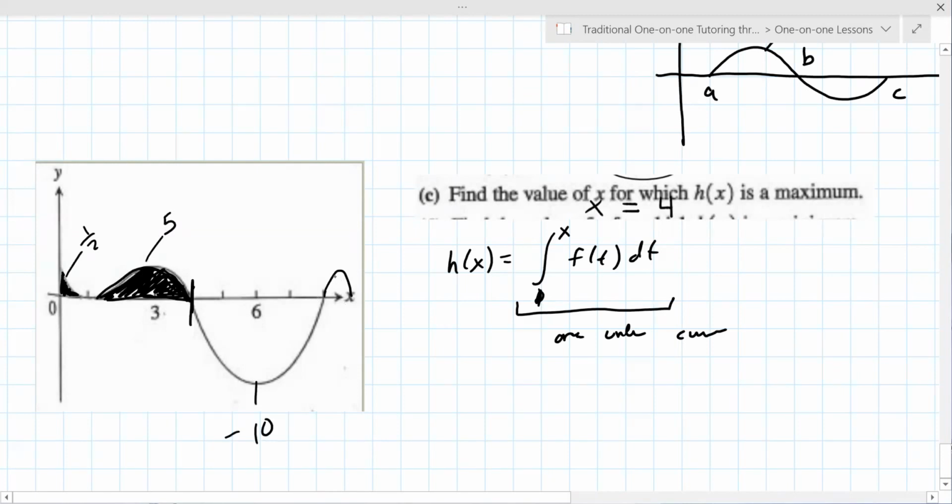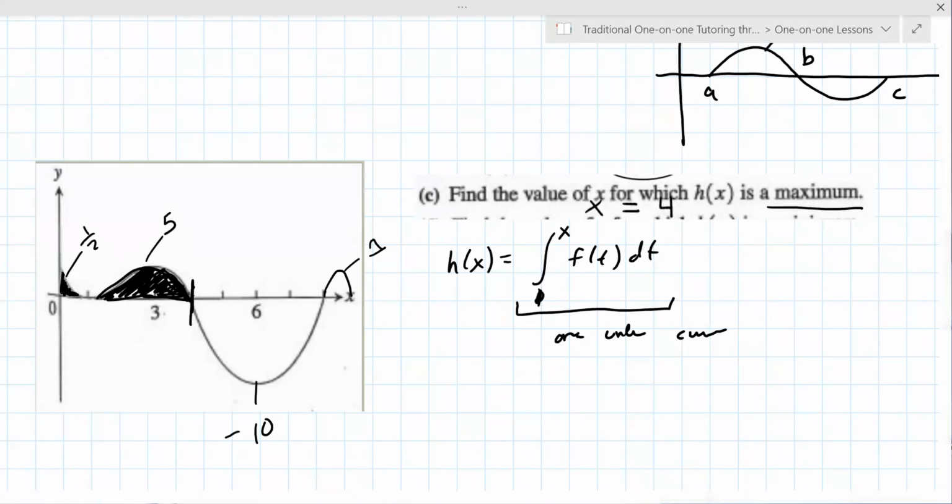So this might only be an area of 1, so it doesn't really counteract this very much. So you'd want to stop here. But wouldn't it still be a maximum? No, it's not like critical points anymore. Oh, okay. It's literally where can you get the most contribution from the area?